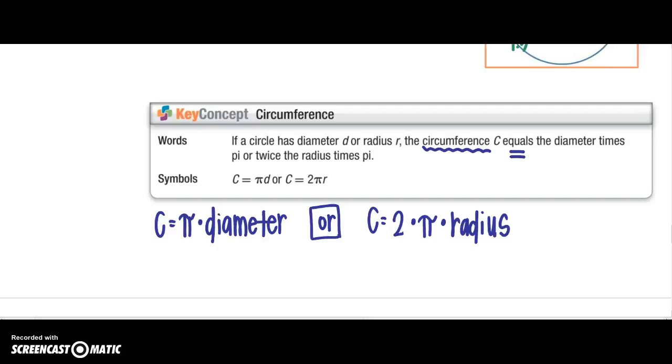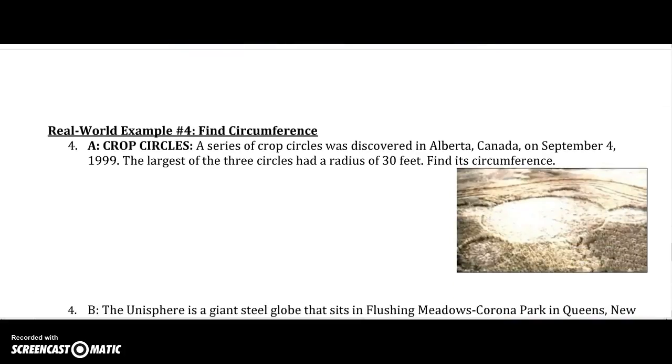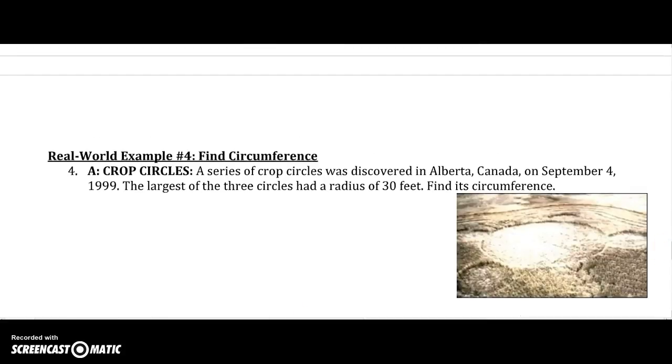So you can use, depending on what you have or which one you like to memorize, my circumference equals pi times my diameter, or my circumference equals 2 pi times my radius. They say the same thing because we know that 2 times our radius actually equals our diameter, so we can use it like that.